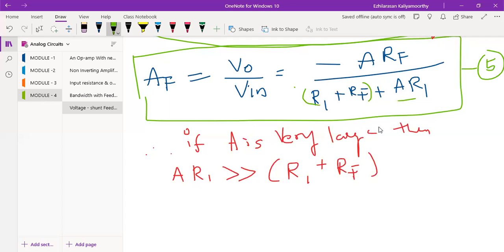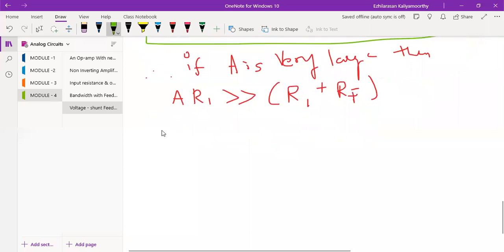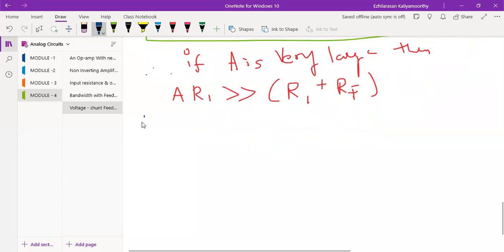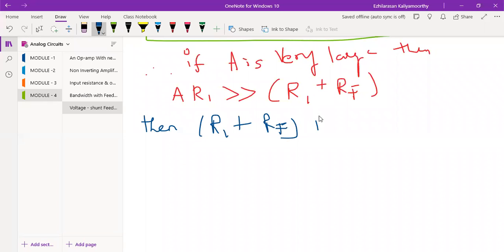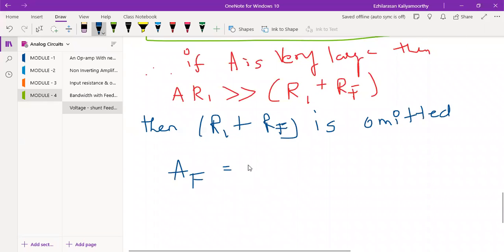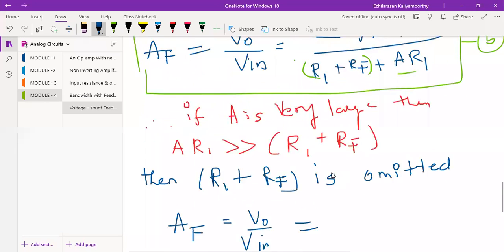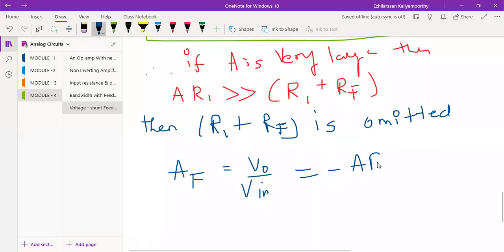Now, if this term is very, very high compared to this term, then R1 plus RF will be neglected. R1 plus RF is omitted. If it is eliminated, then equation 5 is reduced to AF equal to Vo by Vin equal to minus ARF in the numerator.